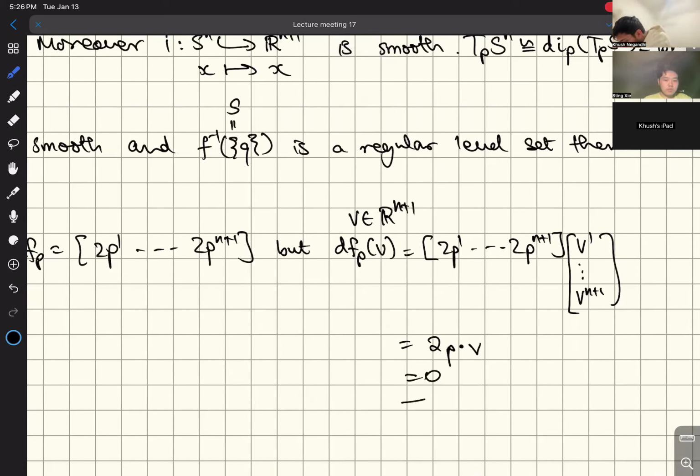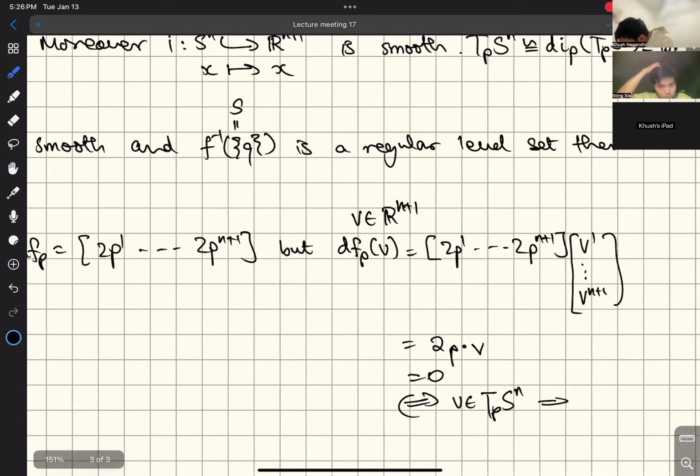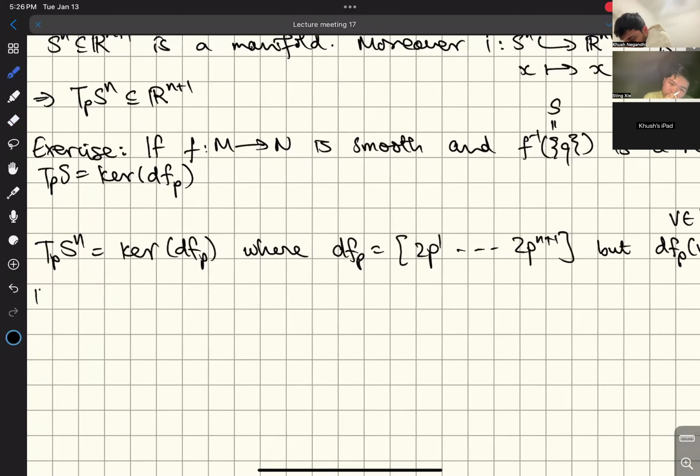But this equals 0. What that tells you is that v is in the tangent space of S^n if and only if p dot v is equal to 0.